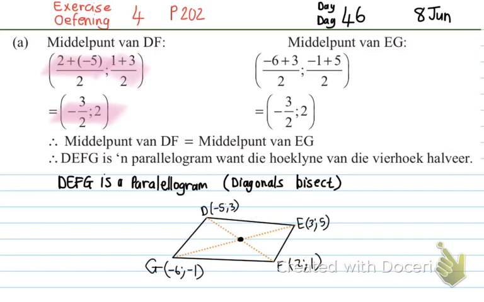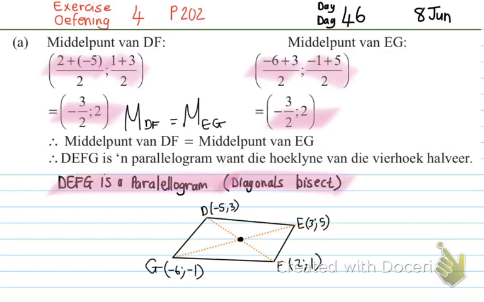Then the midpoint of EG, the other diagonal, is -6 plus 3 divided by 2, and -1 plus 5 divided by 2, which gives me -3 over 2 and 2. So that means that the midpoints are equal. So I can write it like this: the midpoint of DF is equal to the midpoint of EG. So that means that DEFG is a parallelogram because the diagonals bisect.